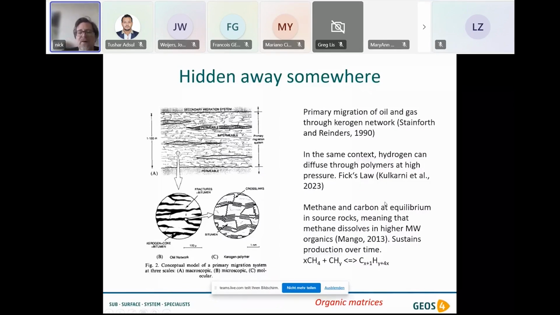To account for unexpected and sustained shale gas production over time, Mango as well thought that methane and carbon in kerogen are at equilibrium in the source rock, meaning that methane could dissolve conceptually in higher molecular weight organics. So that same might apply also to hydrogen, so that we don't see it anymore in the subsurface easily.